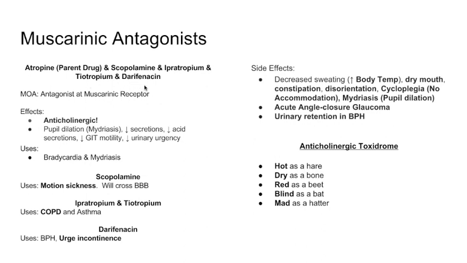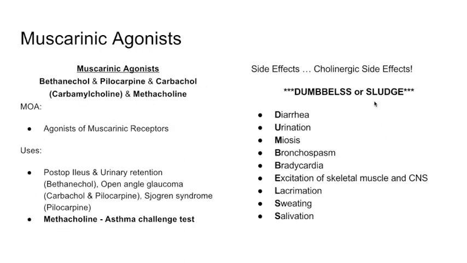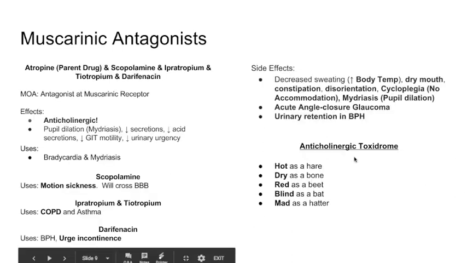So as I said, these are antagonists at the nerve terminal. So their effects are going to be anti-cholinergic. We just talked about all of the effects of cholinergic neurotransmission, so they're going to be the opposite of all of these. So you're going to get pupil dilation.